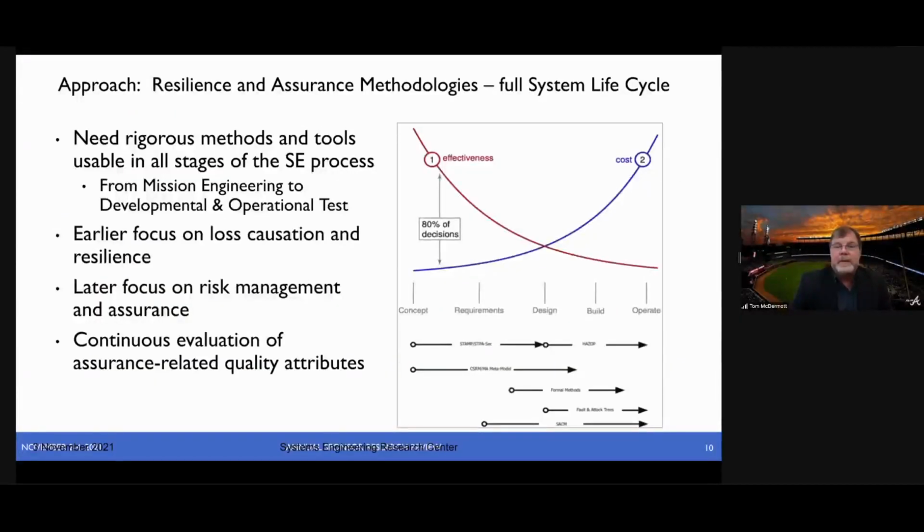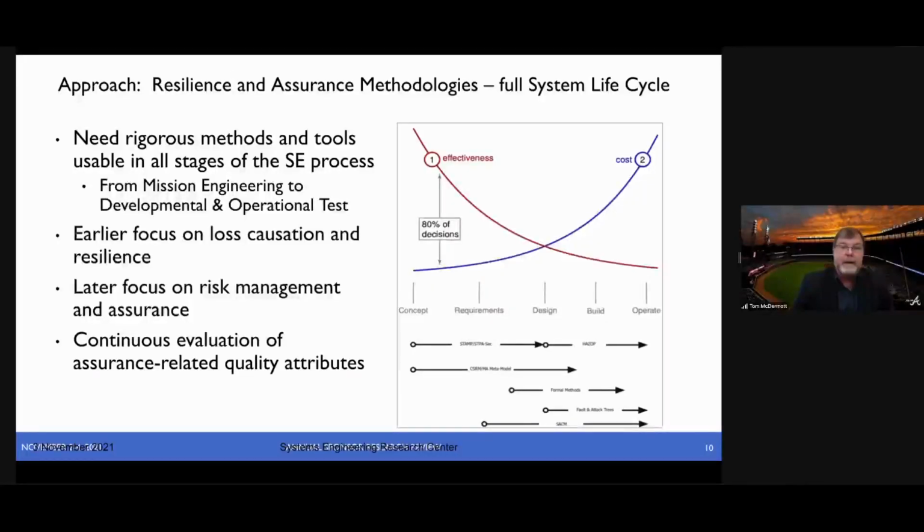So as we moved on in this research and started to develop these methodologies, we got really interested in how we can apply these much earlier into the system lifecycle. So if assurance is primarily going to happen at the end of the development lifecycle, when you have a design that you can structurally test, then we'll be too late and we'll be stuck in this mode of always trying to catch up with the threat.